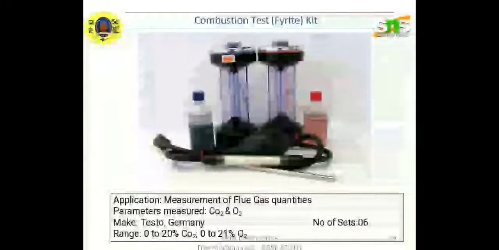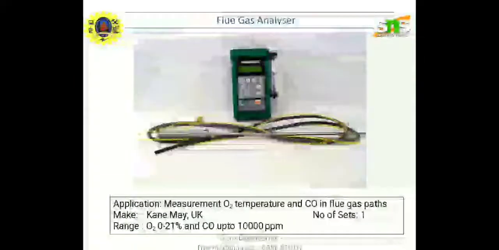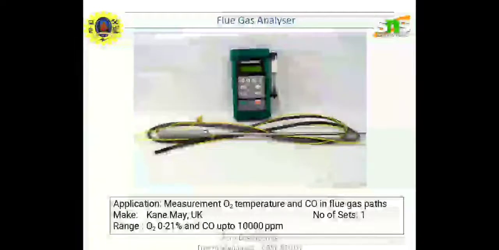It's a combustion test. Measurement of flue gas quantities. The parameters are carbon dioxide and oxygen, and the range is 0 to 20% carbon dioxide and 0 to 21% oxygen. It's a flue gas analyzer. It's a measurement of temperature and carbon dioxide in flue gas paths.